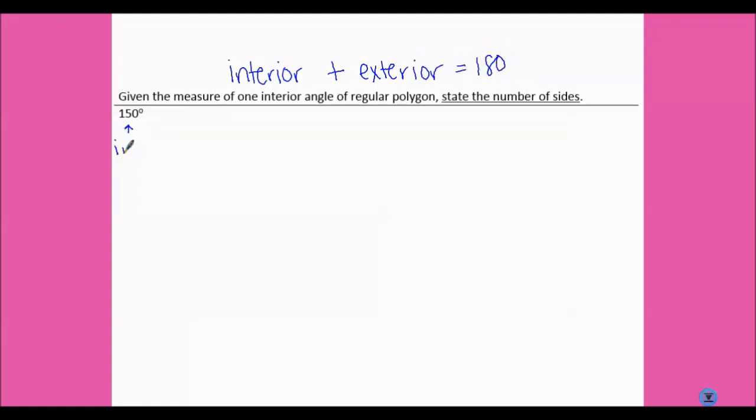So if this is our interior, we know our exterior angle must equal 30 degrees because they have to add up to 180. We know the exteriors have a sum of 360. If we divide that by how much one exterior is, then we get 12, and we know that there's 12 sides.